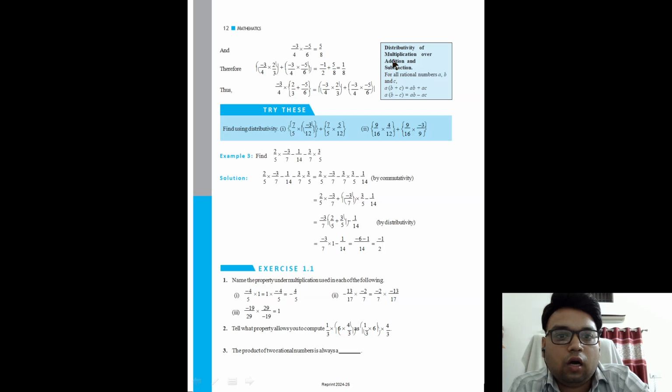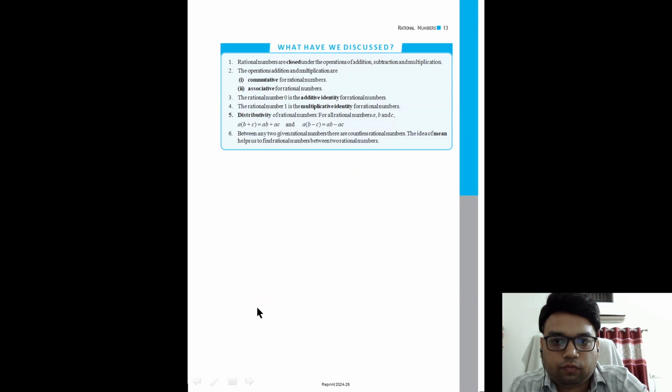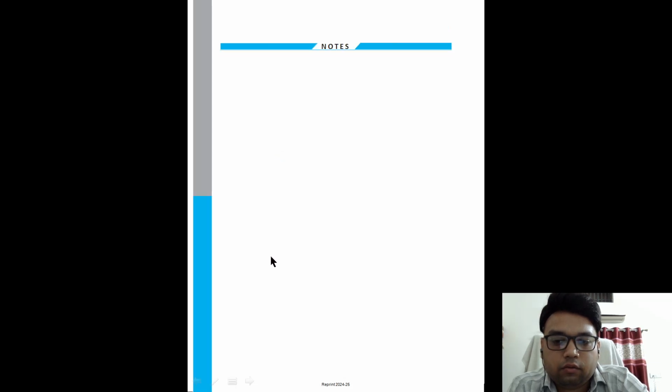So it is the distribution of multiplication over addition and subtraction. This is the example of that. Here a better classification was given, and each term was given as a summary. You just have to learn it and then you are able to clarify.